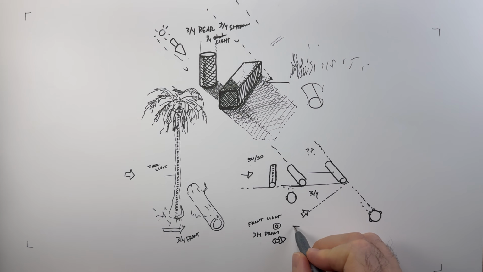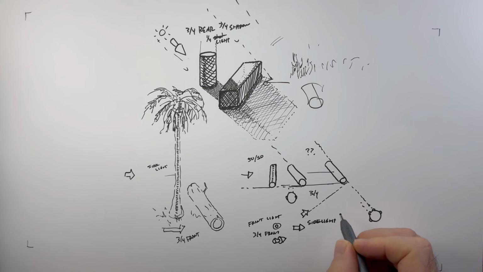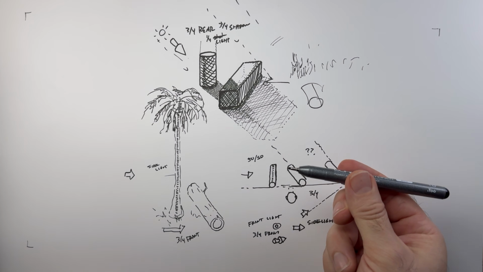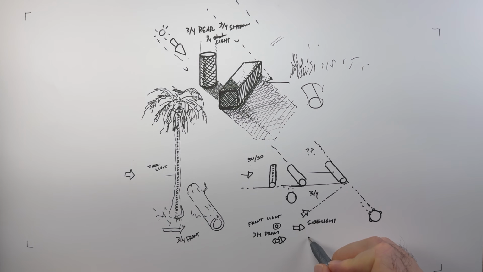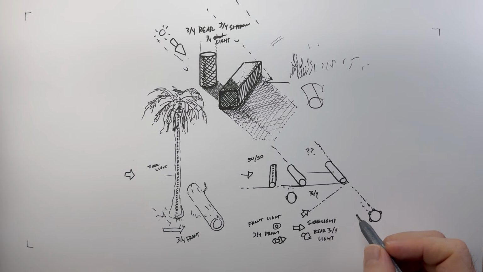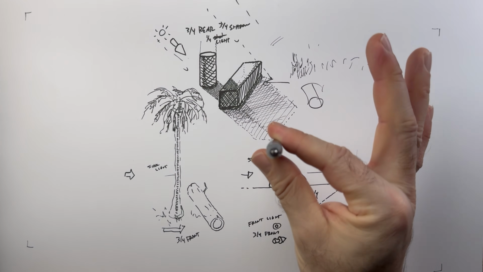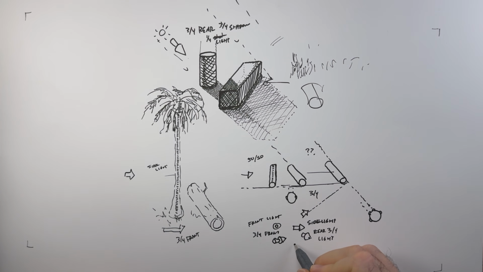Then you have your side light, which is either straight left or straight right. Then of course you have your rear 3/4 light source, and then you have your rear light. It's called pure rear light. Looks like this, right? Rear light.